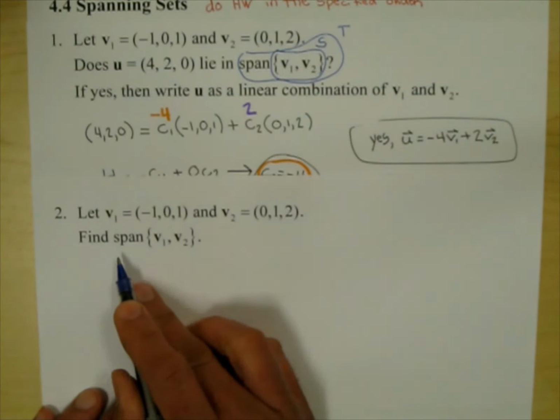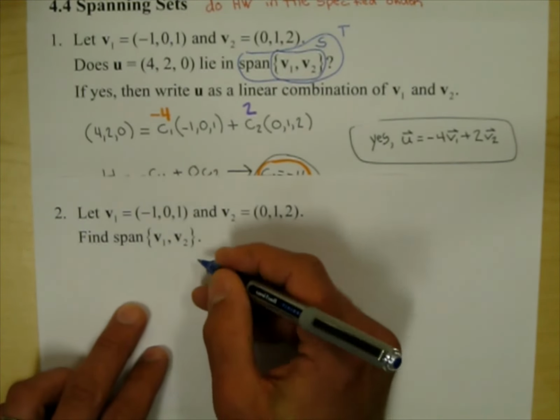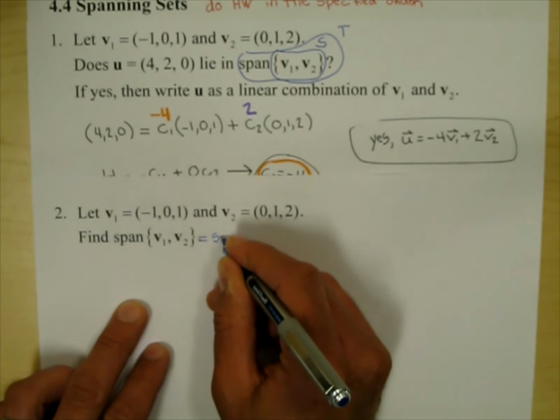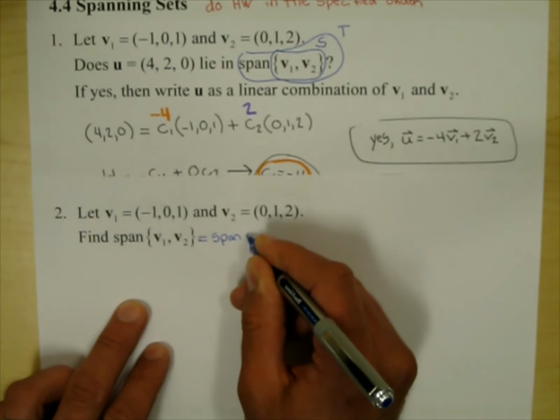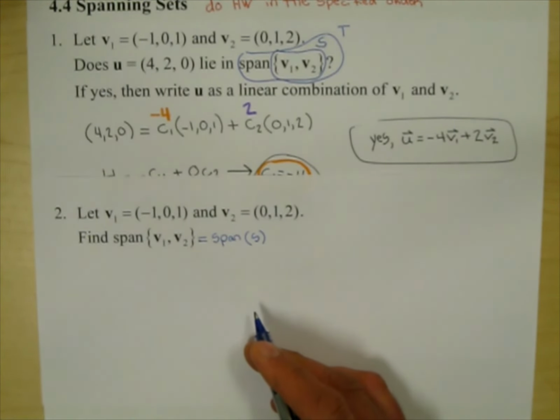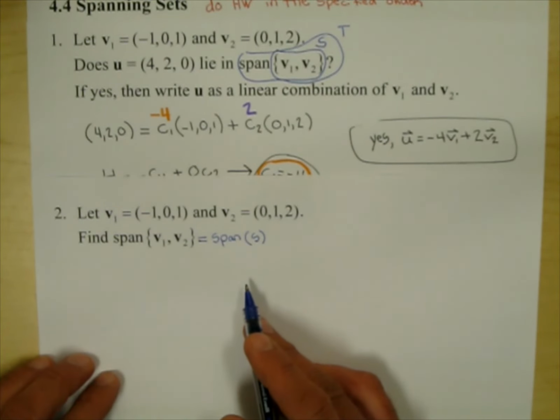So when they say find span of that, they're really saying find span of S. And if you look back at the definition, it says forming all possible linear combinations of V1 and V2 generates a subset of V called the linear span, or you can denote it with span S.